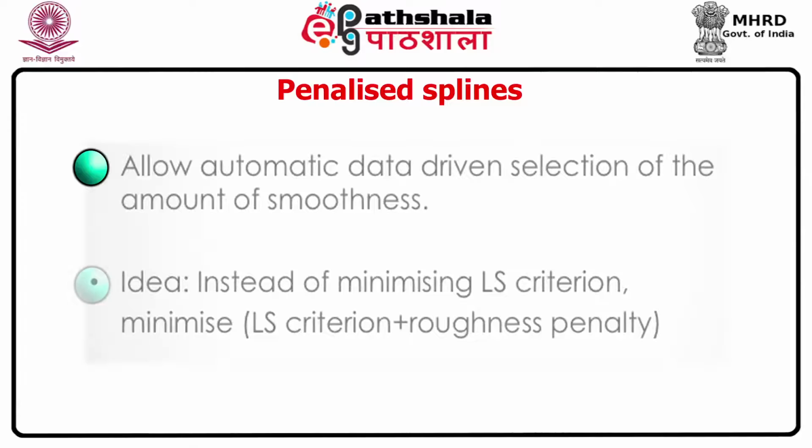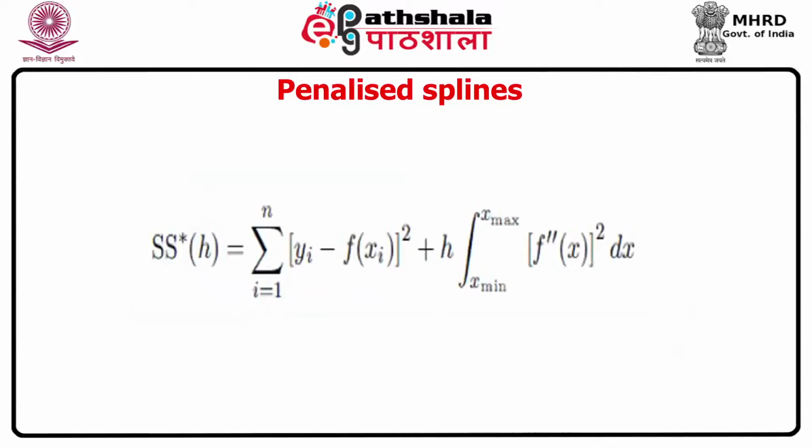So the idea is that unlike the regression splines, we no longer minimize the least squares criterion, but we minimize the least squares criterion subject to a roughness penalty. So this is what my criterion looks like. The first is the usual least squares, so yi minus f of xi, where I'm trying to fit the regression yi equal to f(xi) plus epsilon i.